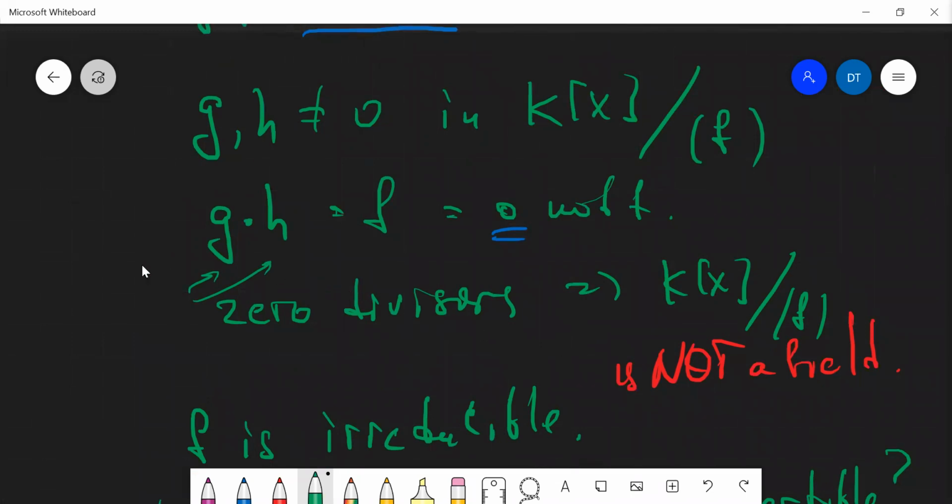Okay. If it were a field, then there would be elements g inverse and h inverse. And you can multiply this equality by g inverse. Then the left-hand side will give you h, and the right-hand side will give you 0. So if g is invertible, then h must be 0, but h is also a non-zero element here, a contradiction.